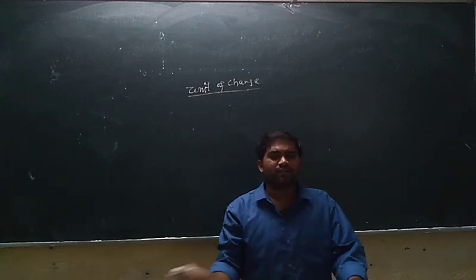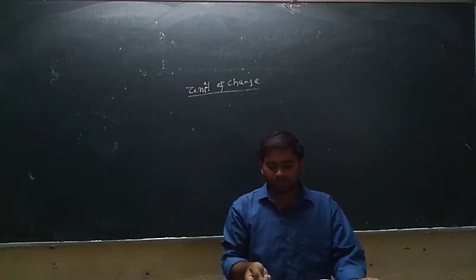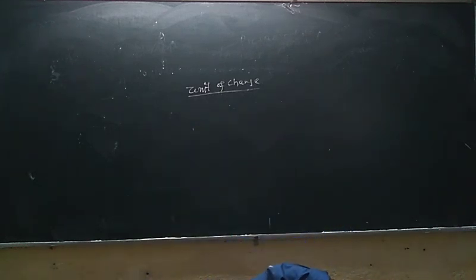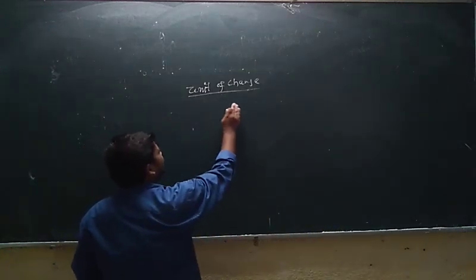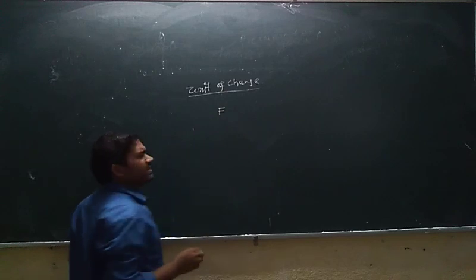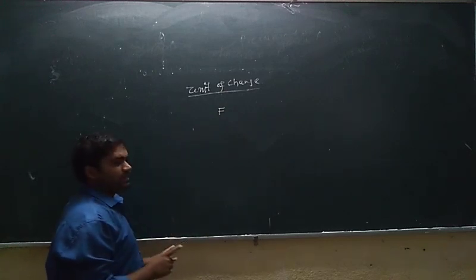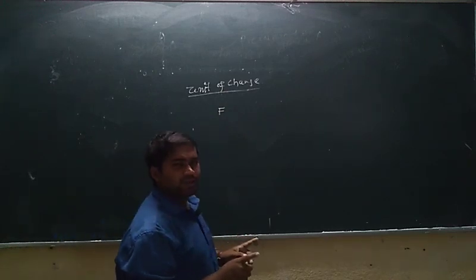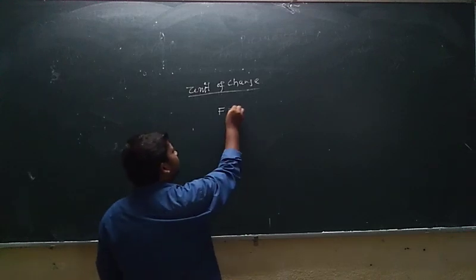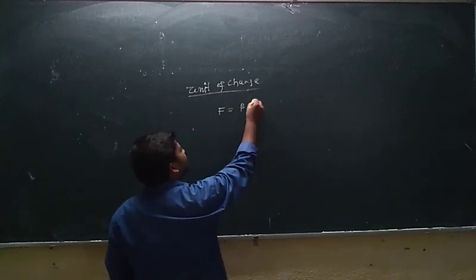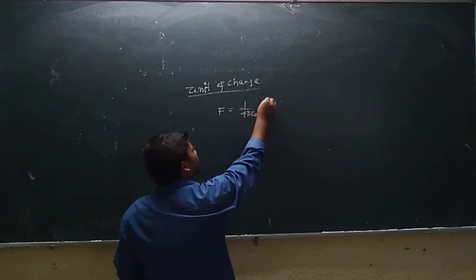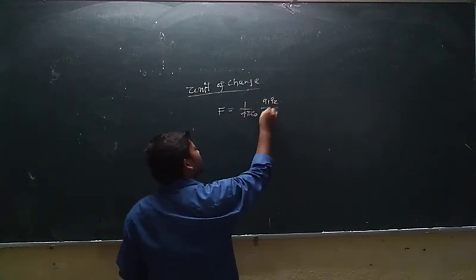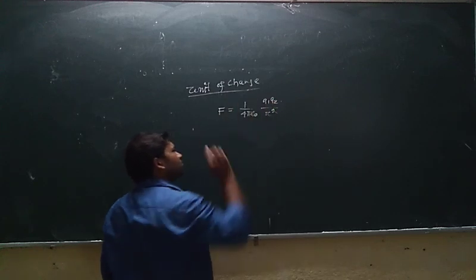So generally when we observe Coulomb's law, what does Coulomb's law say? Coulomb's law says that the force between any two charged particles placed in air and separated by some distance equals some value beta, that is 1 by 4 pi epsilon naught q1 q2 divided by r square.